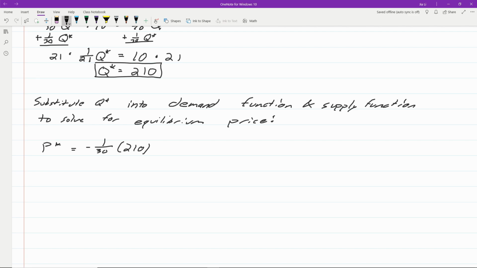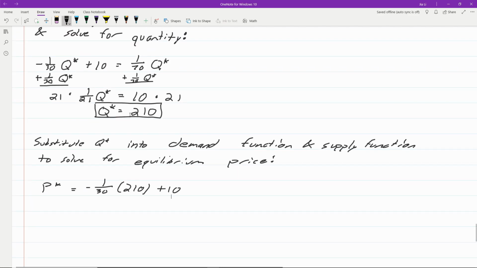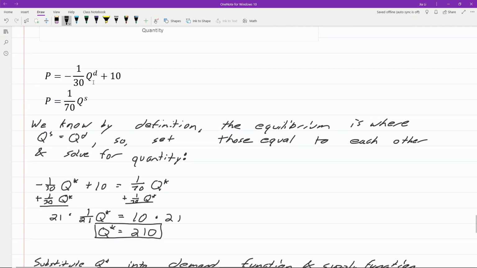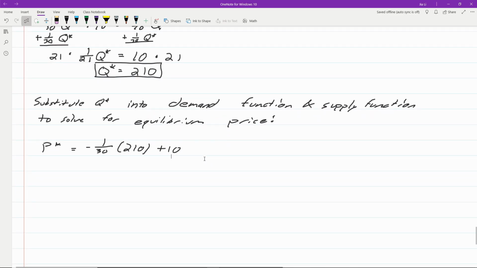Because this is the equilibrium quantity that we got right here. I'm just substituting Q star is equal to 210 into the demand function. If I plug all that into my calculator, we'll see that is minus 7 plus 10, or 3, right? And there's our equilibrium price right there.